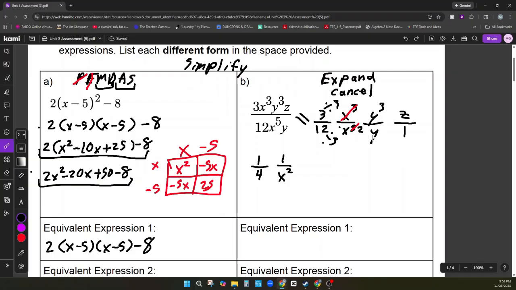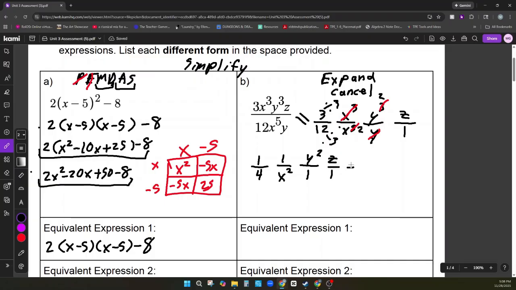Similarly here, I'm going to cancel a y here and a y here, meaning I only have 2 y's on top. So that's going to be y squared in the numerator, while all my y's on the denominator cancel. And of course, I only have a z left.